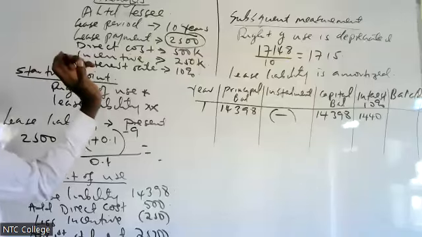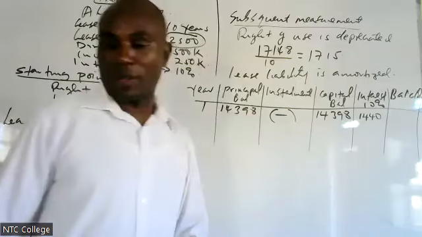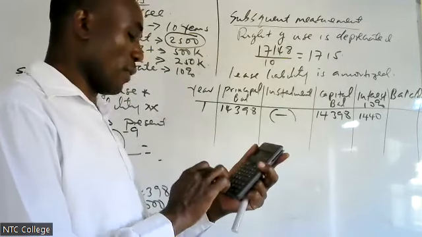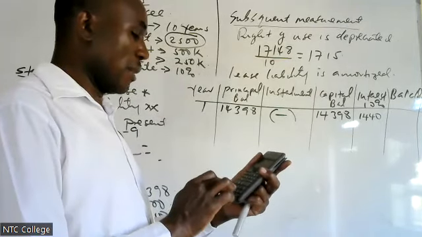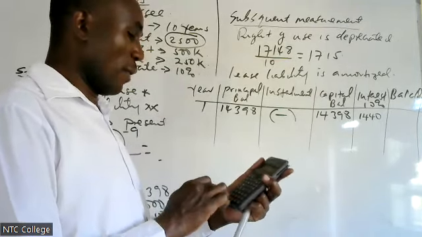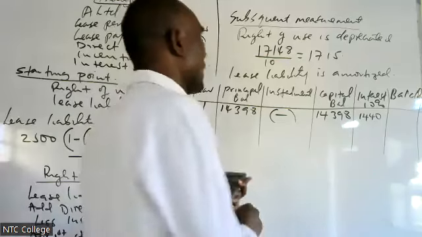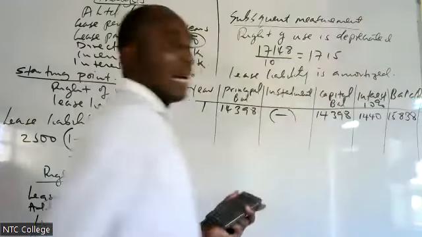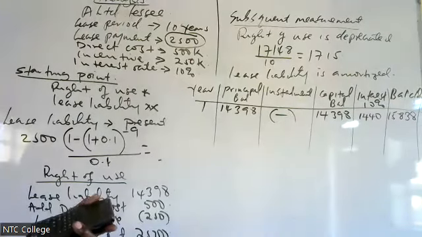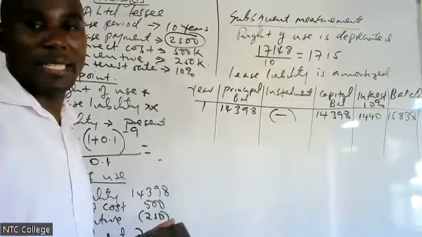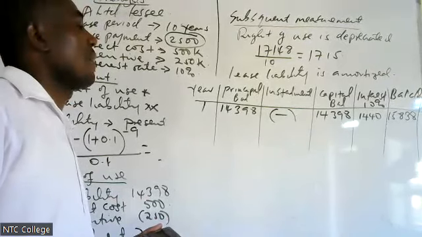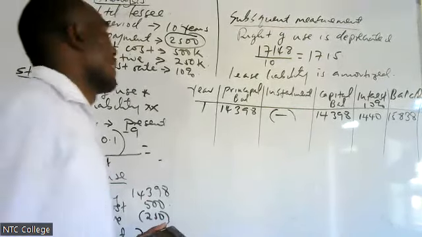Now, what will be our closing balance? Our closing balance is 14,398 plus 1440. I'm getting 15,838 as my closing balance.